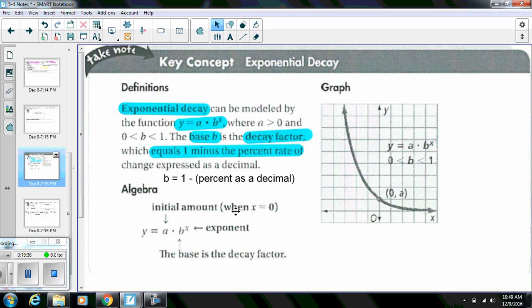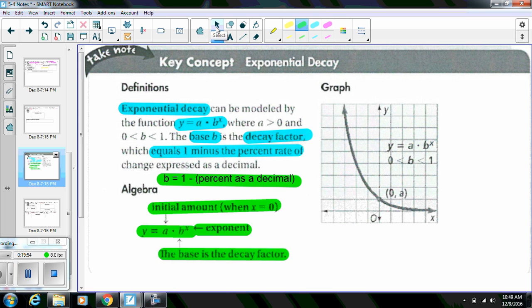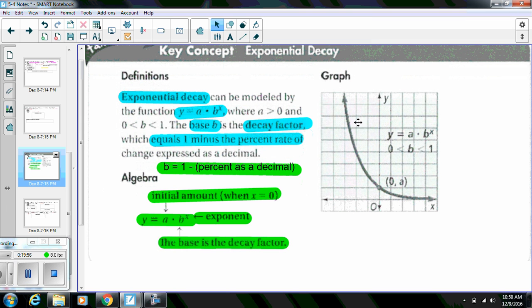So from here, it re-emphasizes the equation that a is your initial amount, x is your exponent, and the base is the decay factor, which is b is equal to 1 minus the percent as a decimal. To the right, we have the graph of a decay factor. We start with a very large amount, but then we start getting smaller and smaller and smaller, and we get super small. That's why it gets so close to our x-axis.